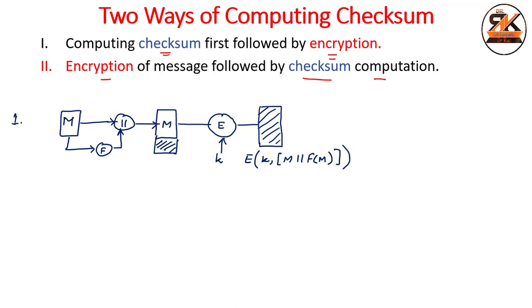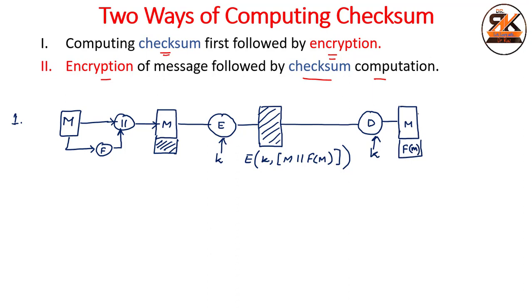Fine. And then you are going to transmit it towards the destination side, and at the destination you use the decryption algorithm, and you apply the same key k. After decryption you get the original message m appended with the checksum, that is your function of the message that you had calculated using the function f.